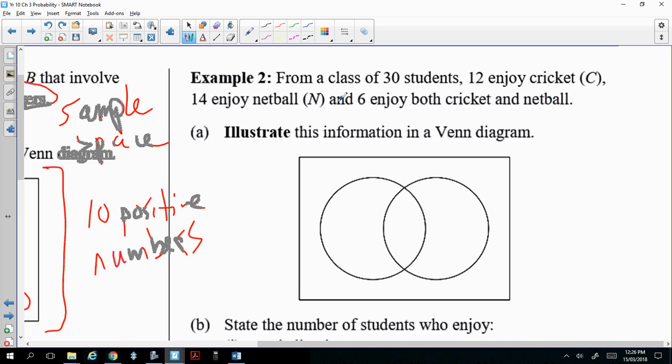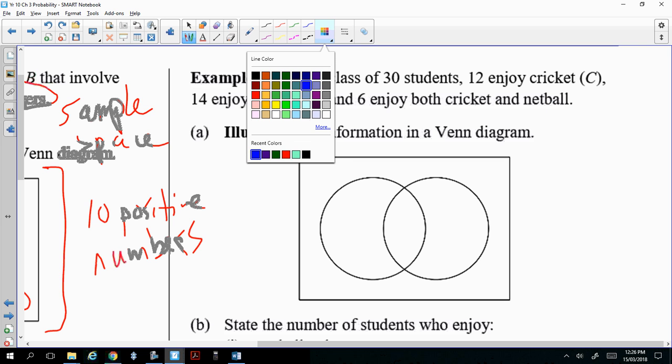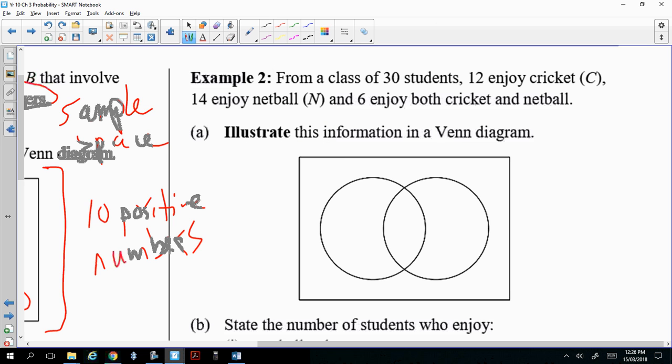Okay, so what we do is, C for cricket, N for netball. So how many people enjoy both? You start with the one that is both, which is 6.